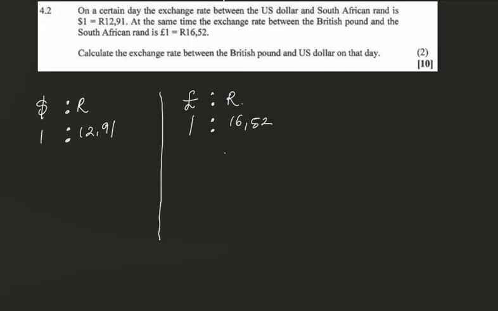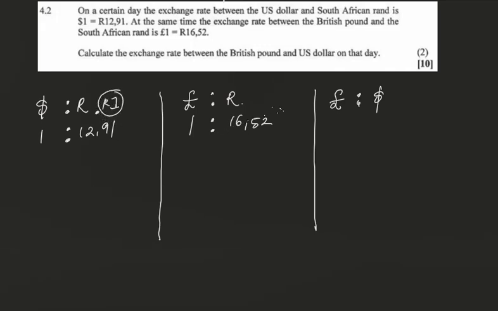So now what I want to do now, I am supposed to compare the British pound with the dollar. Now, how would I do that? That's a tough one. But for 2 marks, it means they expect you to do it under 2 minutes. So I'll try to move this value from being 12 rands to be 1 rand.